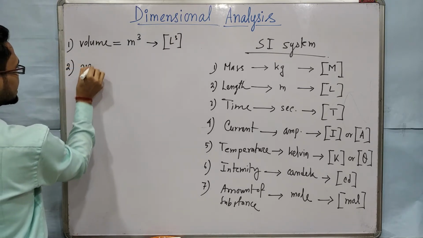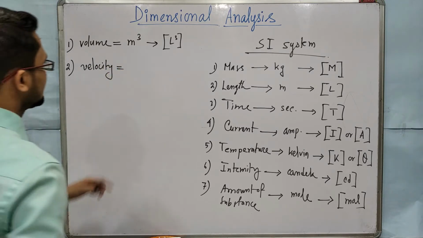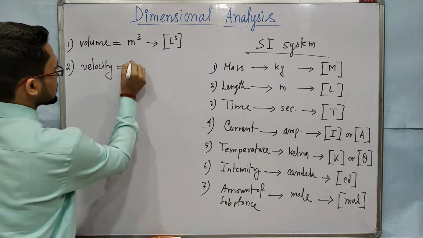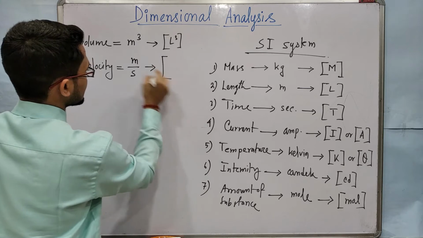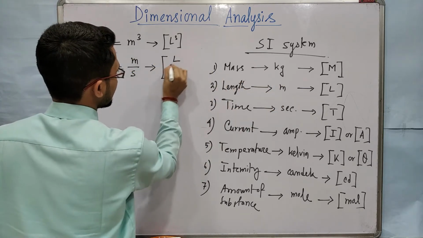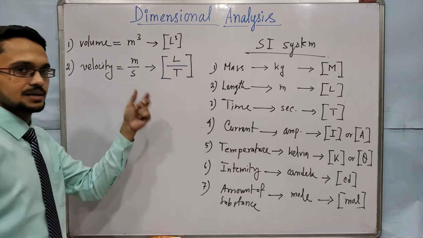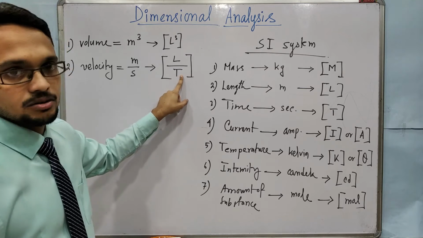Another, velocity. The unit of velocity you have read is meter per second. In place of meter we will write L, and in place of second we will write T. But remember that no dimension will be in the denominator.